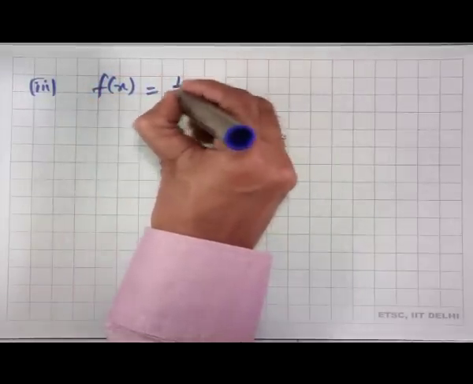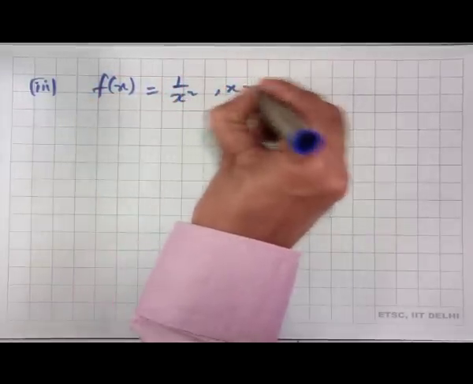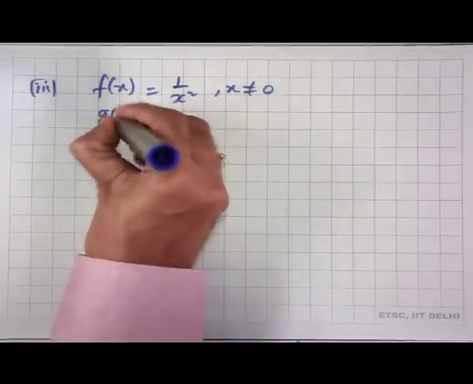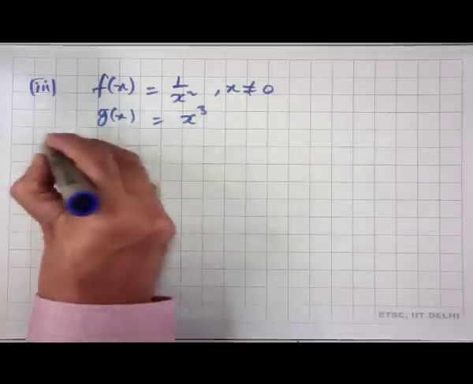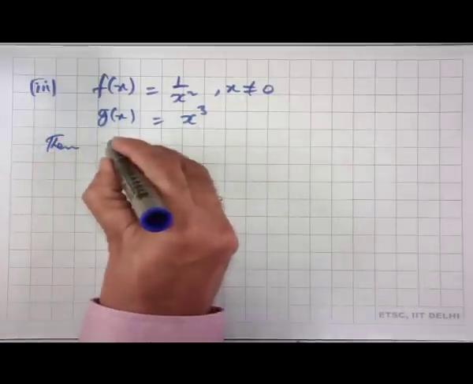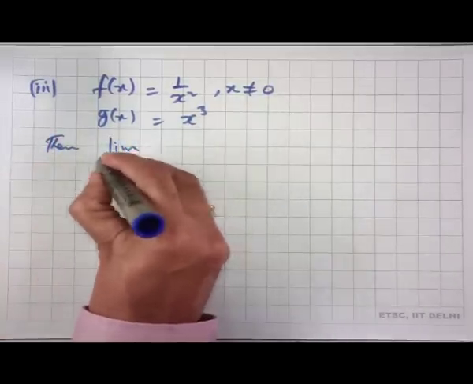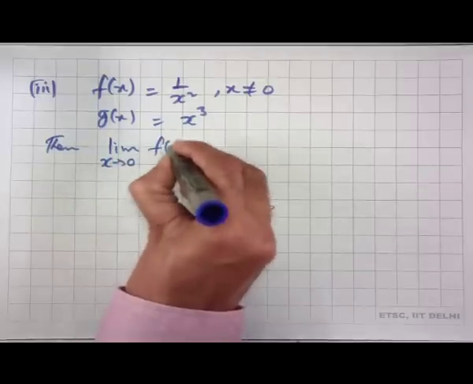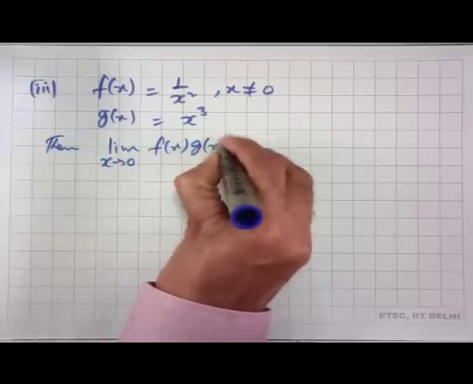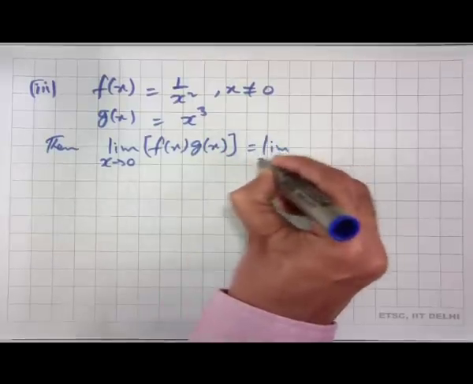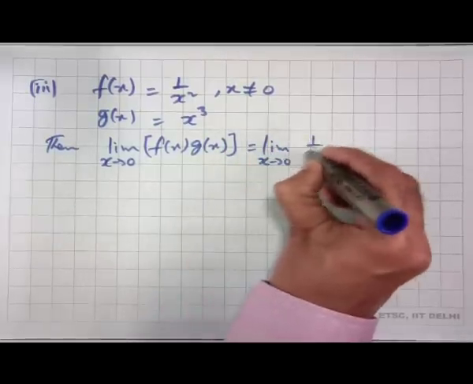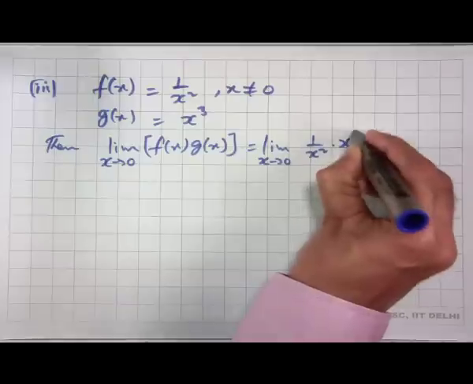1 by x square, g x equal to say x cube, then the limit of f x times g x: f x is 1 by x square, g x is x cube.